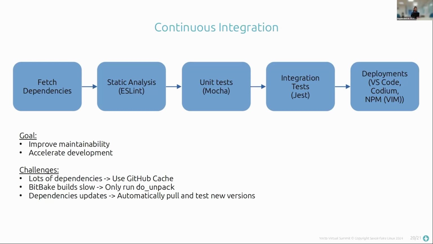In order to be really fast, we use the GitHub cache. It's a feature of GitHub Actions that's extremely efficient to get stuff that we need to download but didn't change much between builds. Also, we want to run a few Bitbake builds, but those are extremely slow.